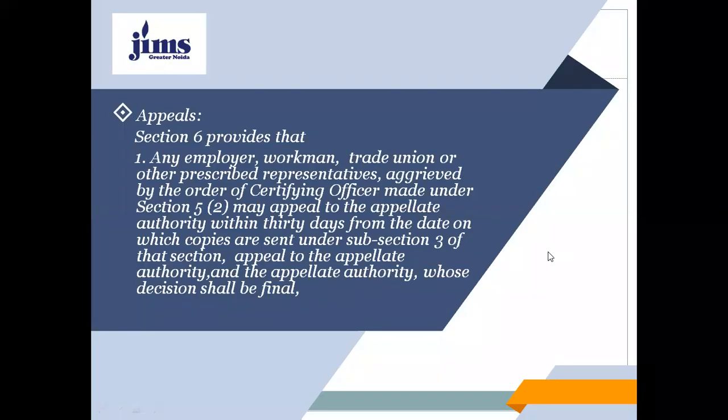So, Section 6 provides that any employer, workman, trade union, or other prescribed representative, if aggrieved by the order of the certifying officer made under Section 5 subsection 2, may appeal to the appellate authority within 30 days from the date on which copies are sent under subsection 3 of that section, and the appellate authority's decision shall be final.